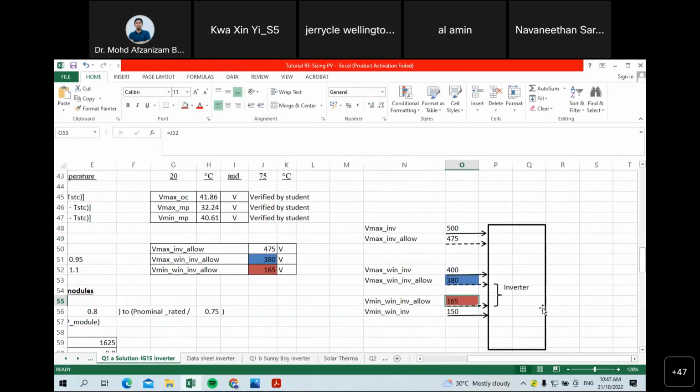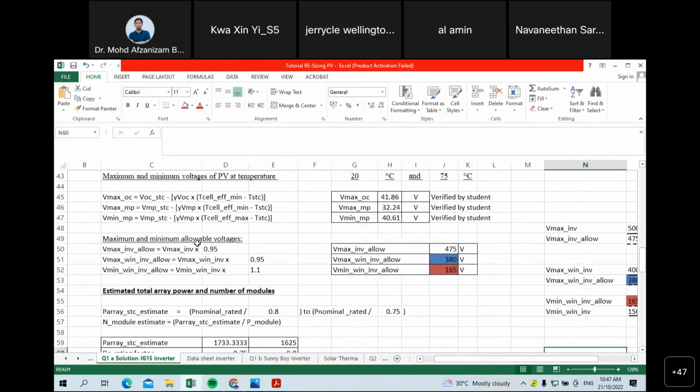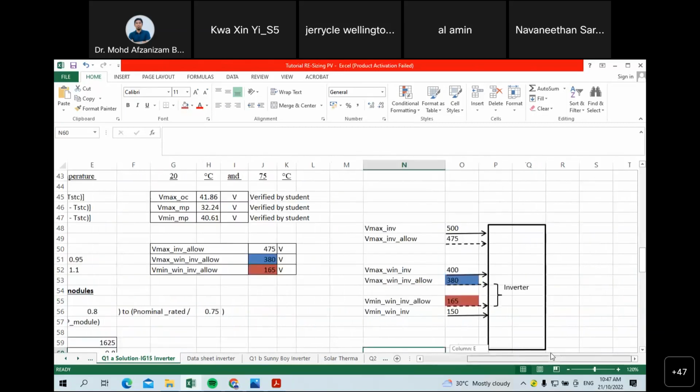So in other words, guys, the space of your inverter window seems smaller compared to the previous one, which was in the range of 150 to 400. After we apply this allowable safety factor, we only allow the input voltage in the range of 165 to 380.